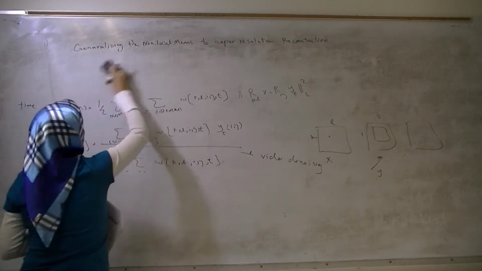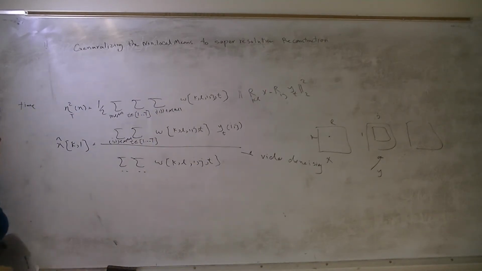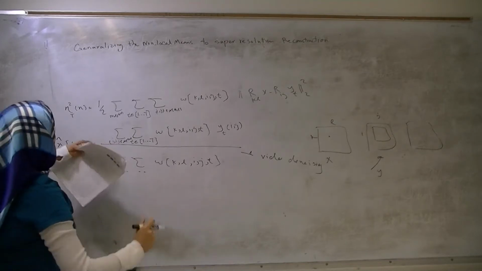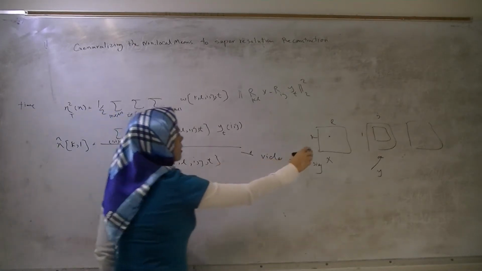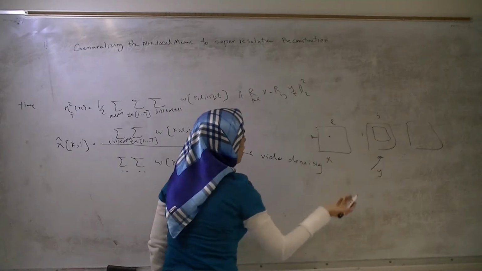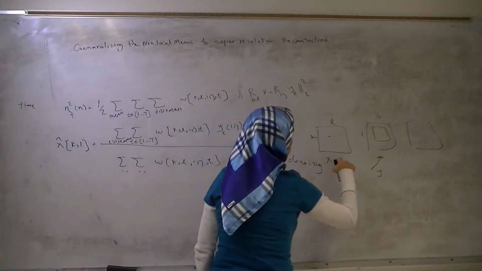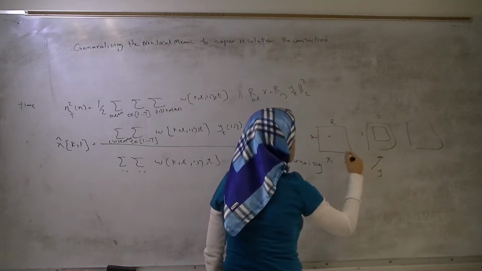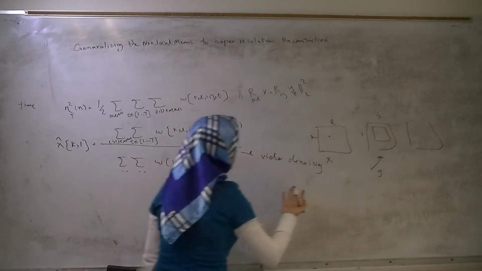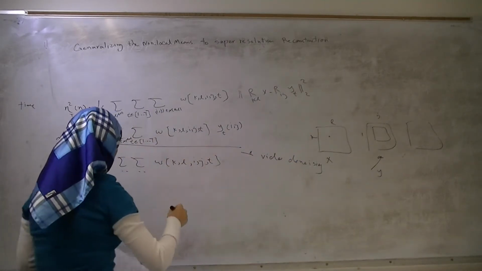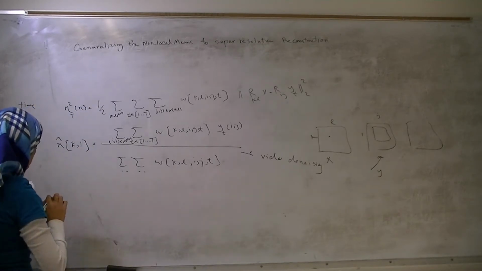Now I want to change this one to the super resolution method. For the video denoising, we don't have any resolution change, so the size of the reconstructed image, the denoised image, and the input image are the same. But in the super resolution, they are not the same.